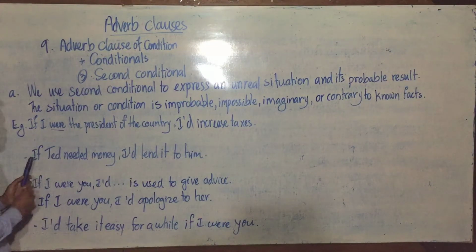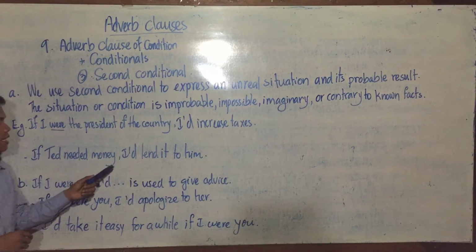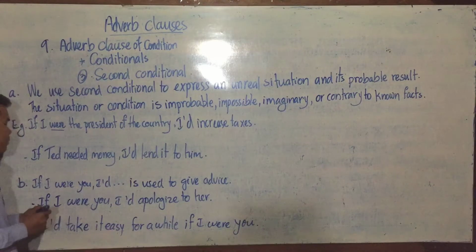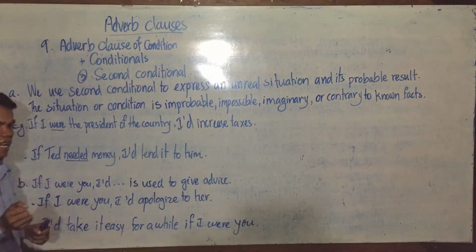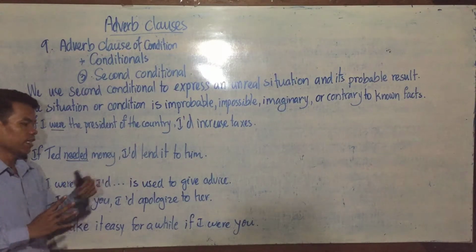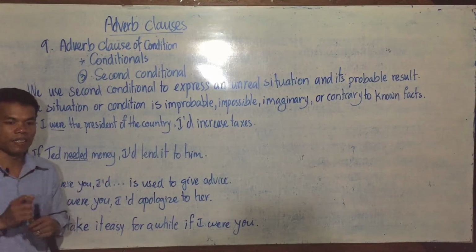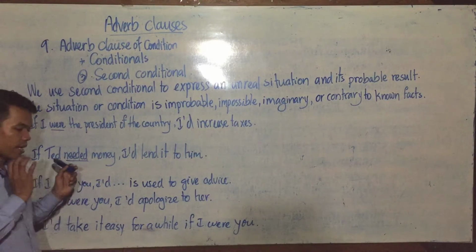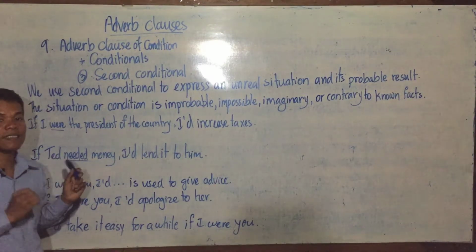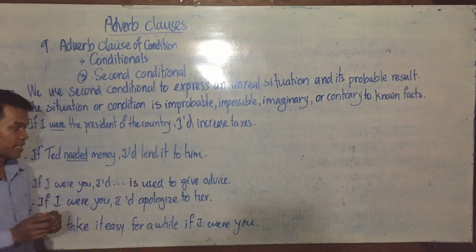Number 2: if Ted needed money, I would lend it to him. Verb in the past too. Does Ted need money now? No. I would lend it to him, the result of an improbable situation. It is impossible because Ted now does not need any money.